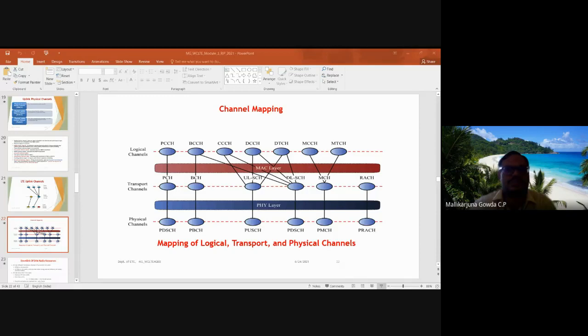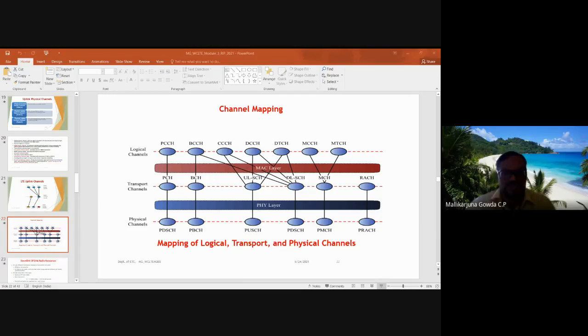How many are there? 1, 2, 3, 4, 5, 6, 7. So 5 with respect to logical control channels and 2 with respect to logical traffic channels. So 5 plus 2, 7 are written under logical channels.